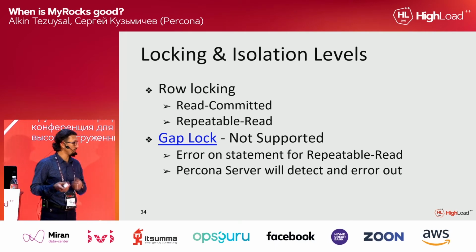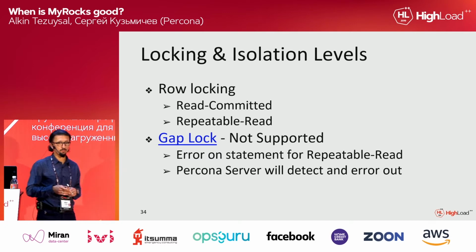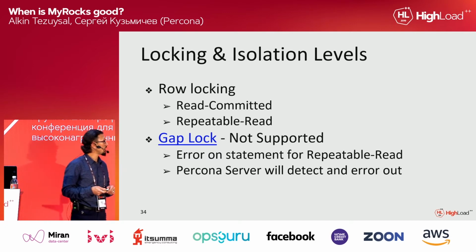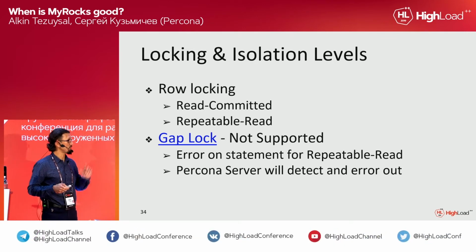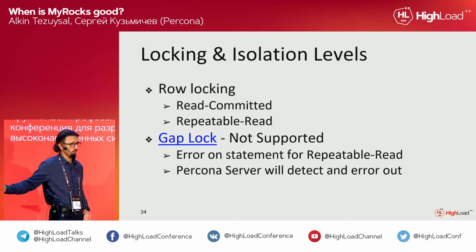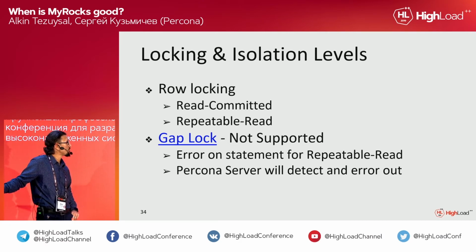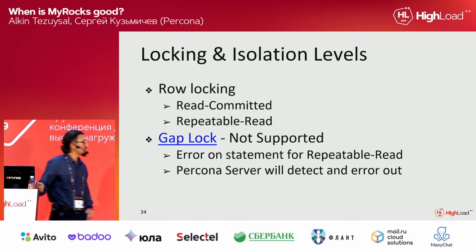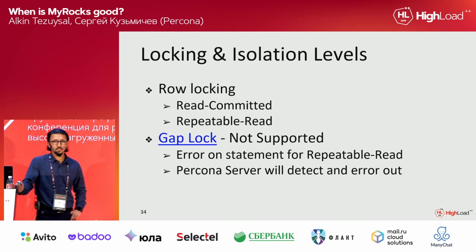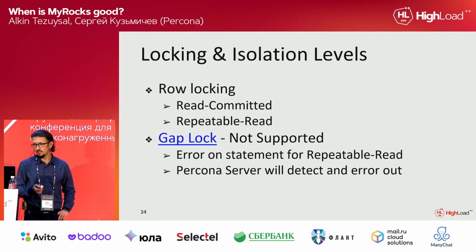If you install the Percona server, it will detect and error out saying that you have gap locks, so that's something to be careful about in how you handle isolation levels. And because of this, there are other relations to online DDLs and management and tooling of the RocksDB engine.